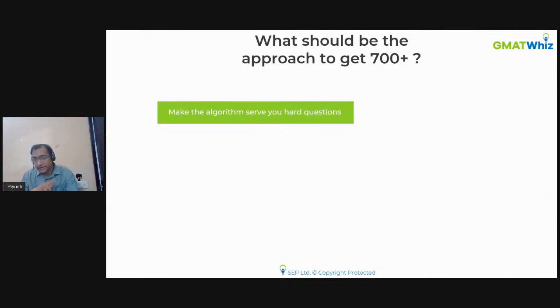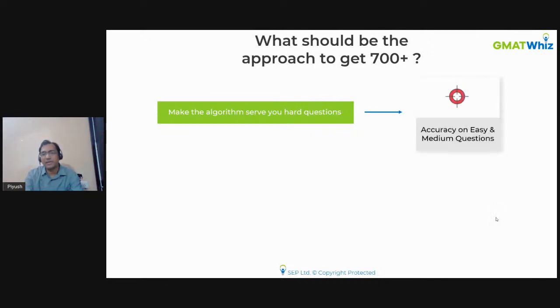And if you look at the data points that I shared with these 2 students, the first 2 sets, if you don't do them well, you will not be able to get the hard questions at all. So you need to do well on the easy, medium, and probably medium-high questions as well. All right, so that is something which you need to focus on.